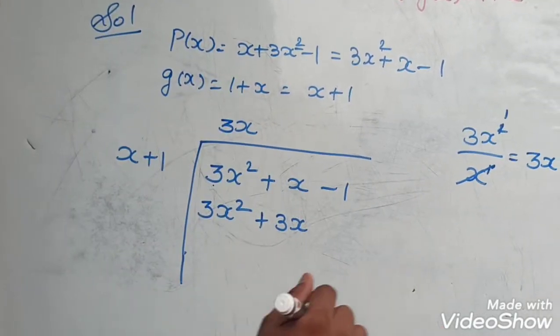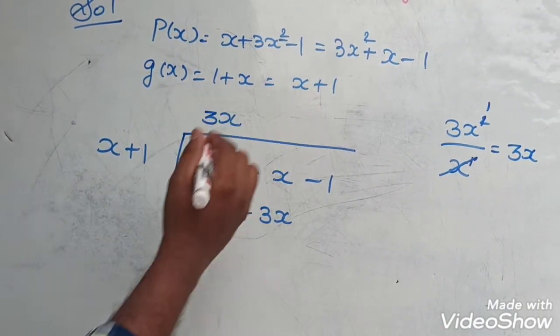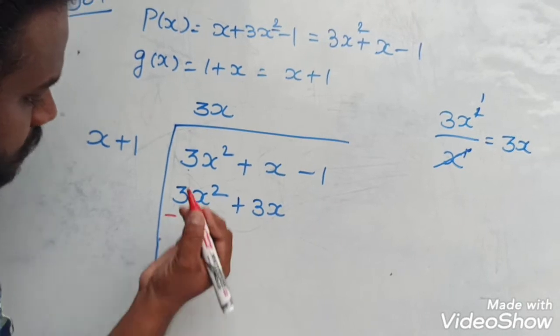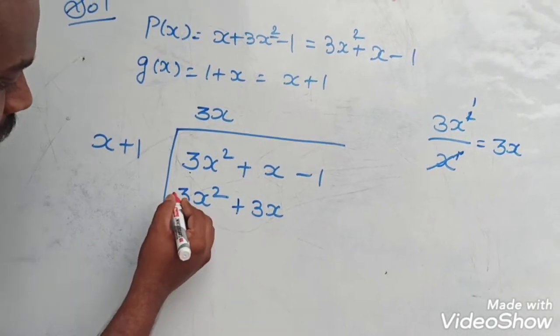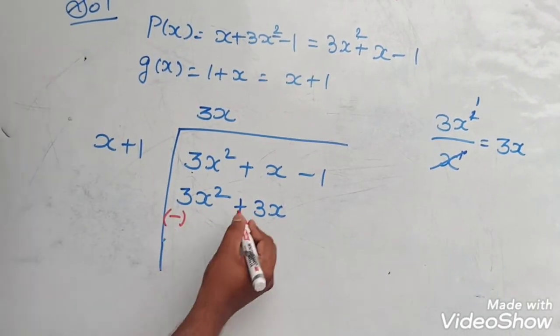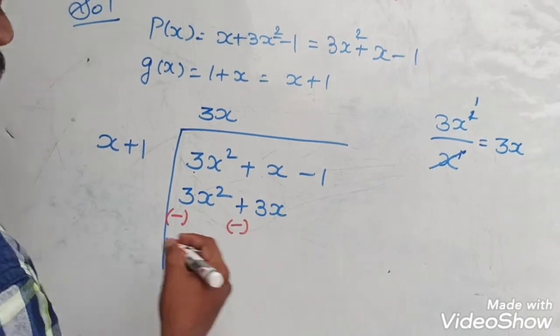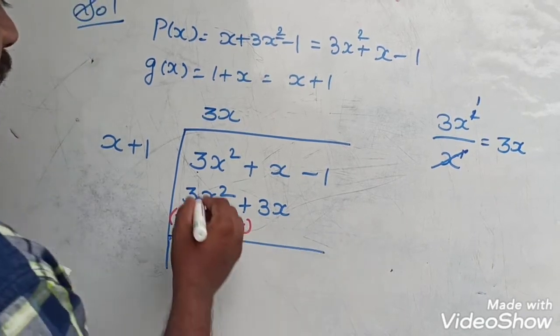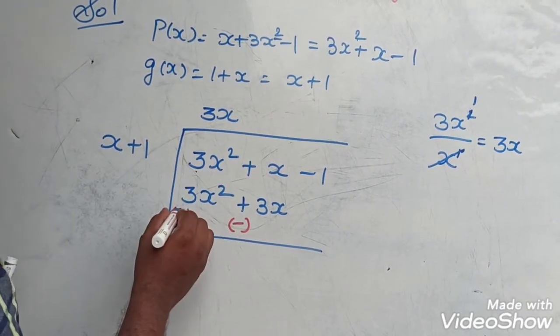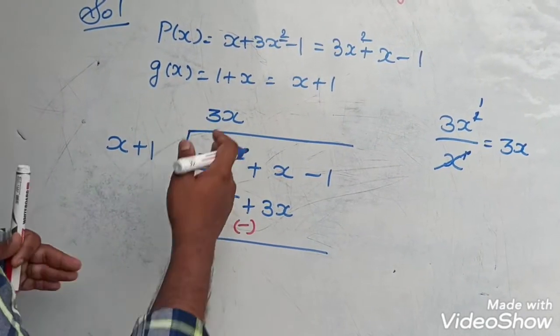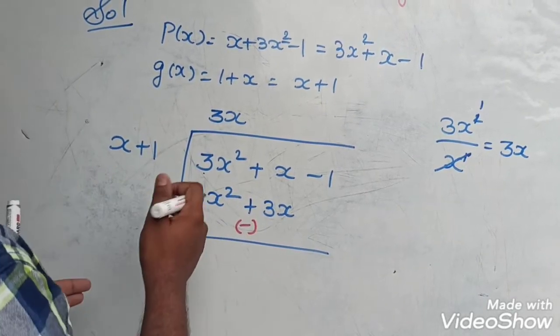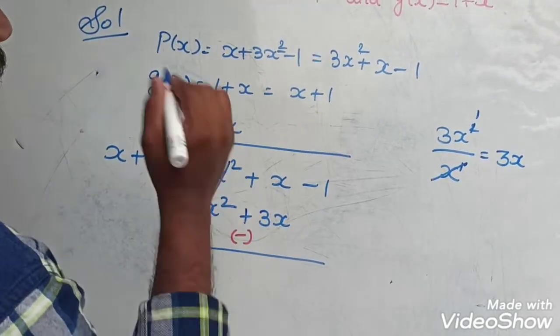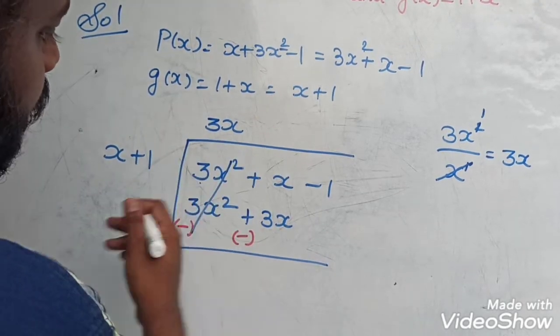Now for the next condition, you have to change the symbols of the second row. The plus becomes minus. Now you compare the terms. Here plus 3x square and minus 3x square, the same term with different symbols, so it becomes 0 and cancels.